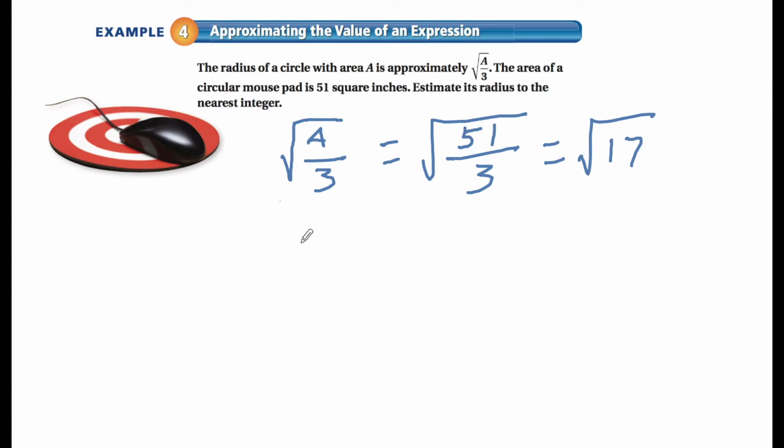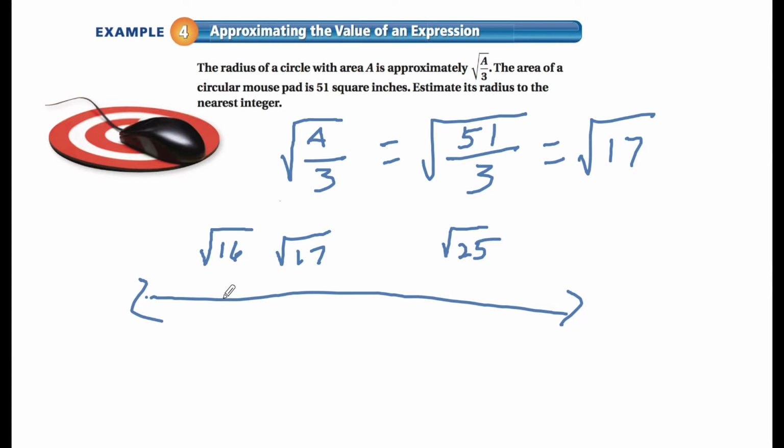Well, the closest perfect square that is less than 17 is 16. Then we would have the square root of 17. And then the next closest perfect square that is greater than 17 is 25, which would be somewhere a little further over here if this was all on a number line.